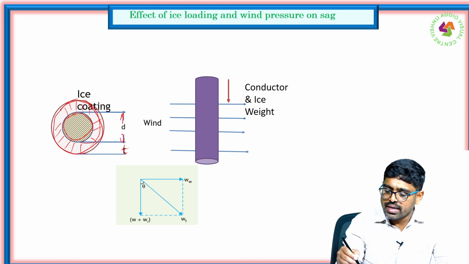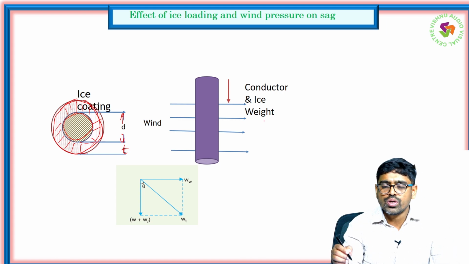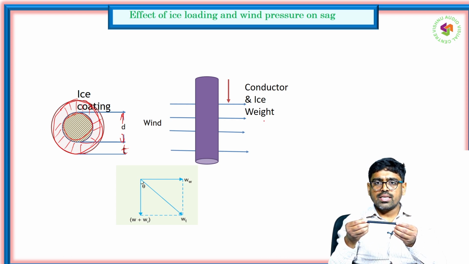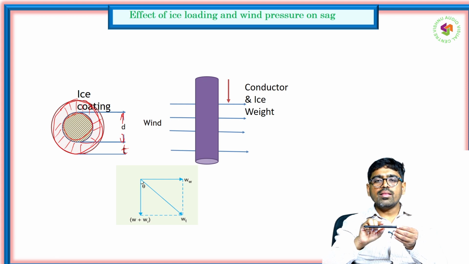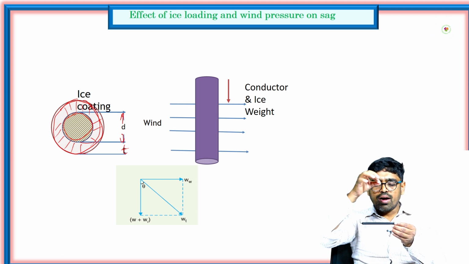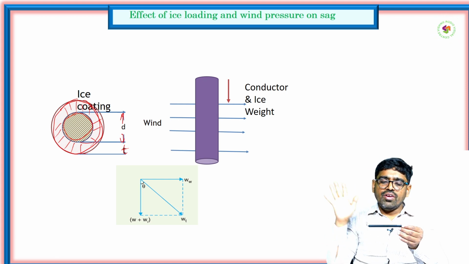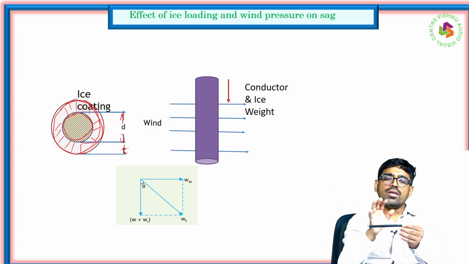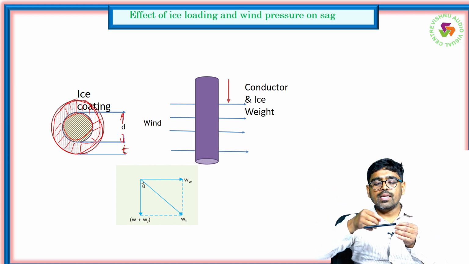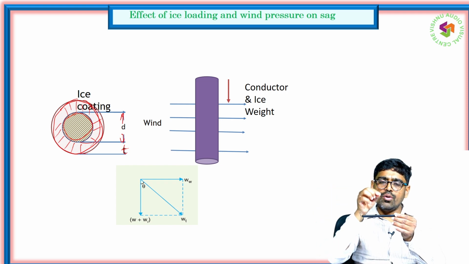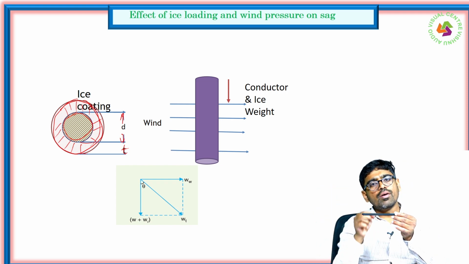The total of conductor weight and ice weight will always act downwards, and the wind pressure will act horizontally, but the weight and ice loading will act vertically downwards.